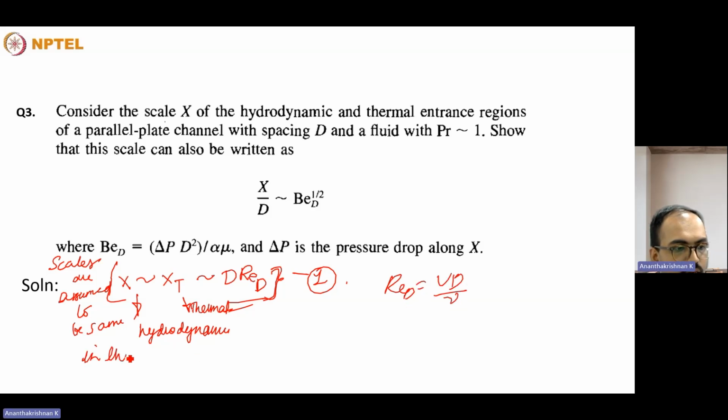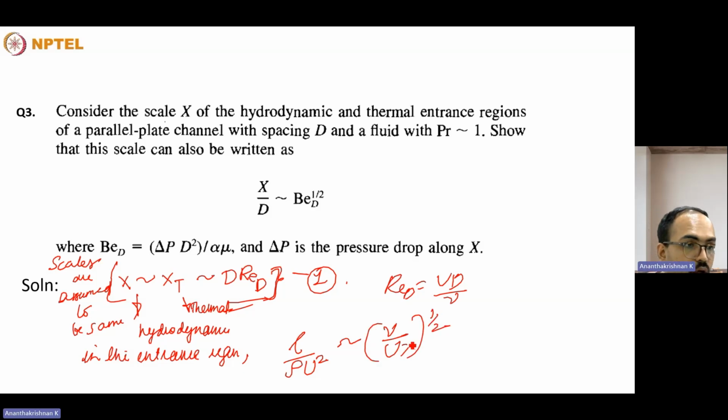In the entrance region, the shear stress can be scaled as tau divided by rho u squared. This can be scaled as U x raised to 1 by 2 in terms of the inverse of the Reynolds number.